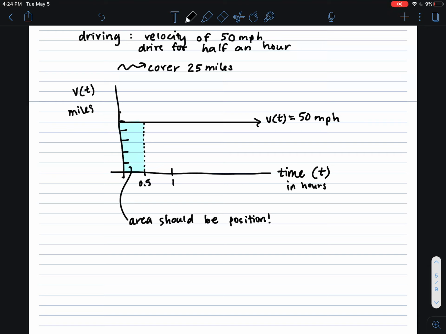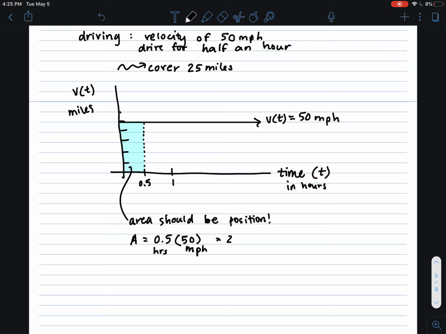So if we were to actually calculate this area, we know the area of a rectangle is base, which is 0.5, times height, which is 50. Note that the base is in hours and the height is in miles per hour.